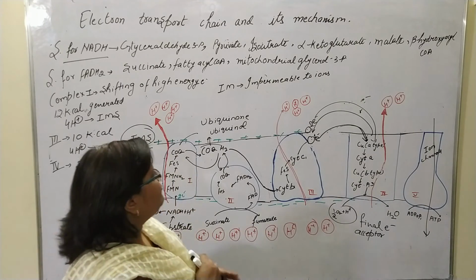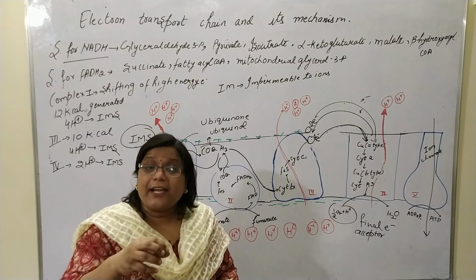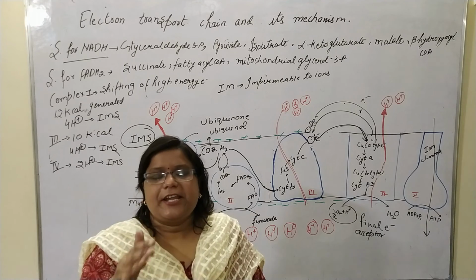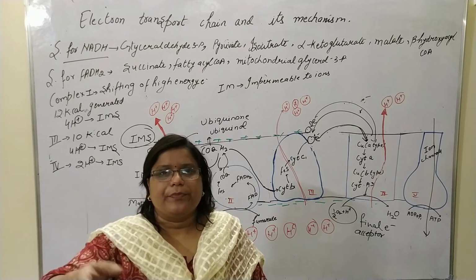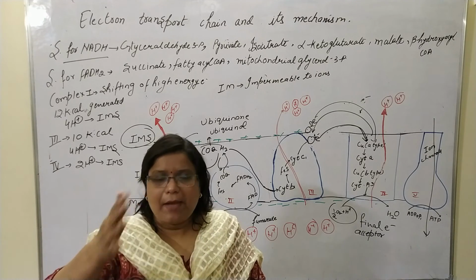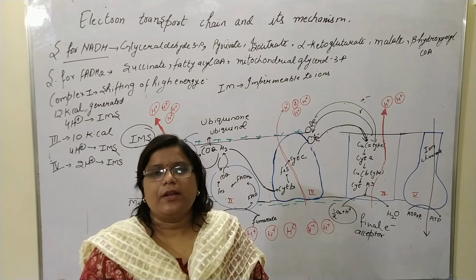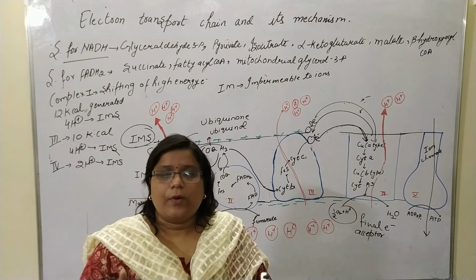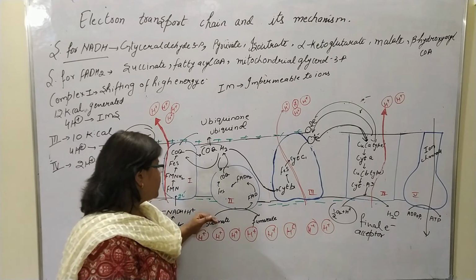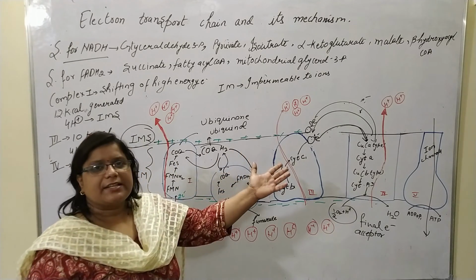Now we will summarize what we have read. The target behind the electron transport chain is to convert NADH and FADH2 into ATP. There are 4 complexes involved in this process, embedded in the inner membrane. Through these complexes, protons are thrown from the matrix into the intermembrane space, so a proton gradient is created.